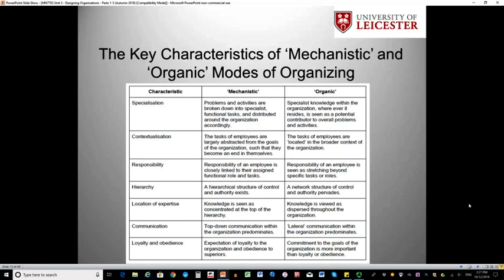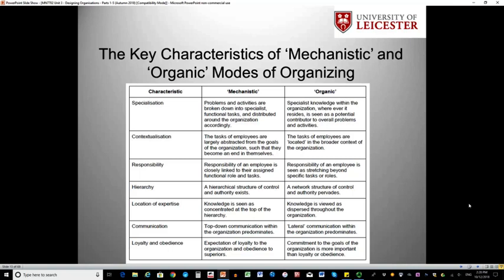They talk about the feature of hierarchy, so to what degree is the structure focused on hierarchical control, or is there much more focus on perhaps horizontal interaction, a more matrix or network structure within the organisation? They look at whether organisations perceive their expertise to be dispersed around the organisation or concentrated in the top of the organisation, the top of the hierarchy.